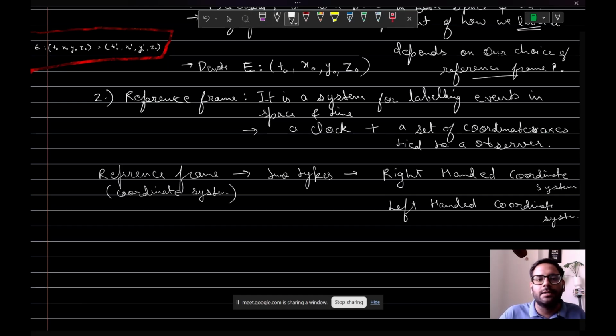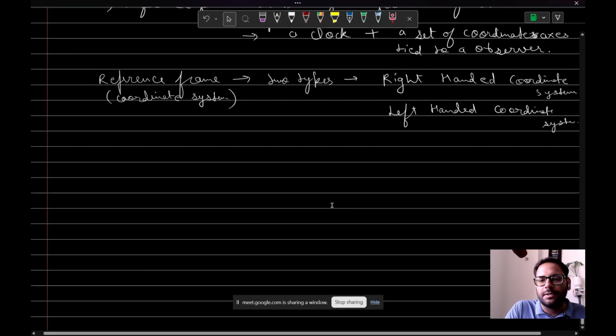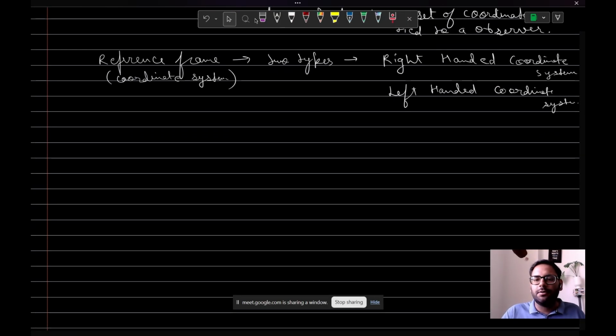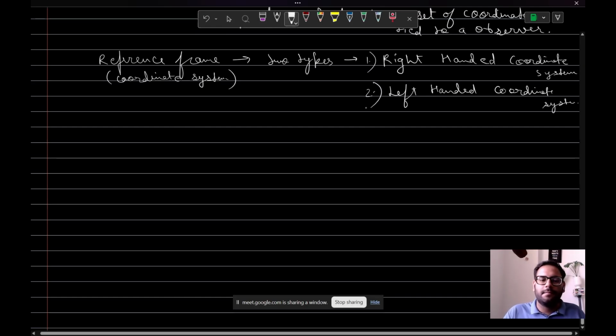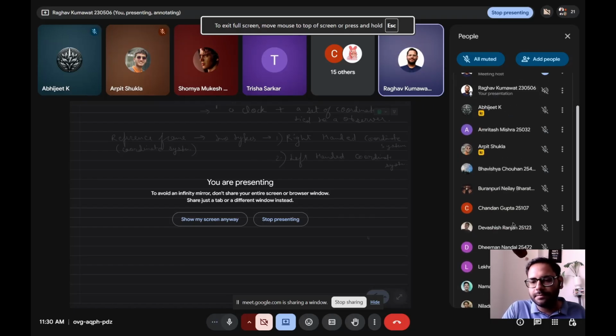You have studied it. What is the basic difference between right-handed and left-handed coordinate system? Are you able to listen to me?